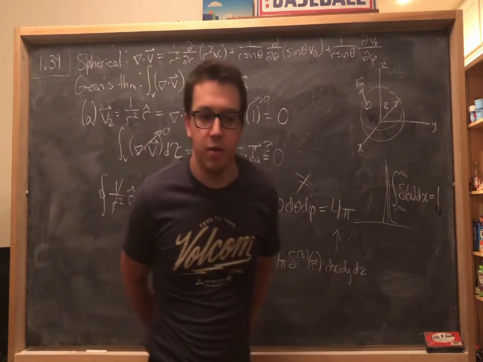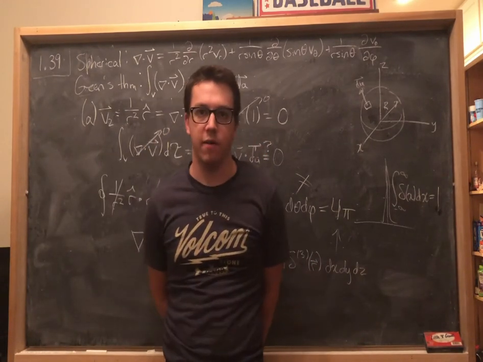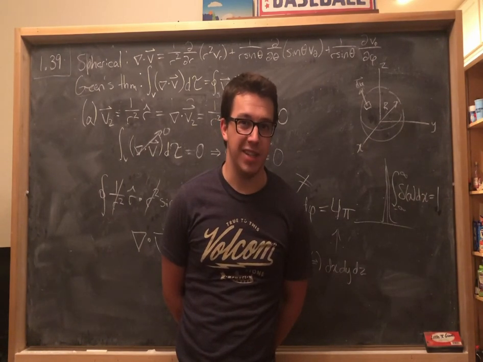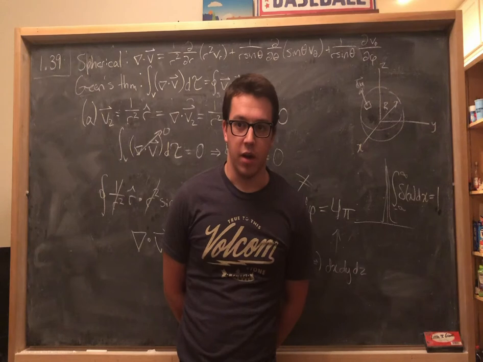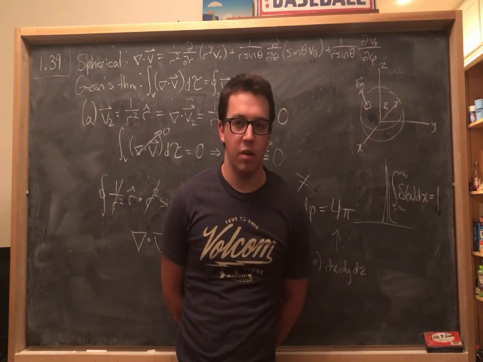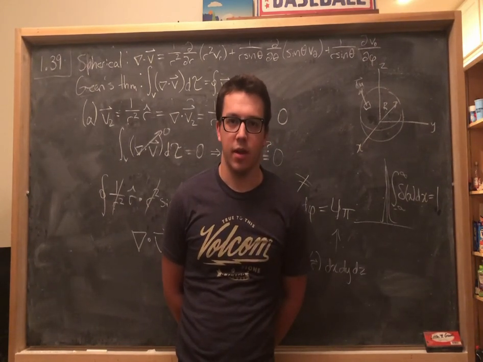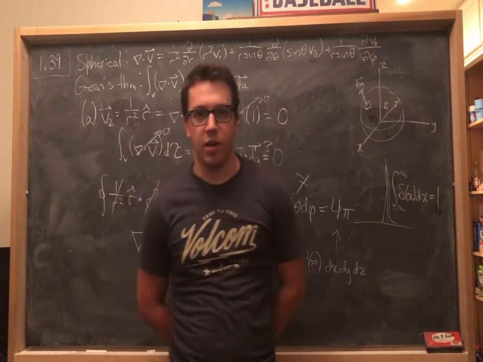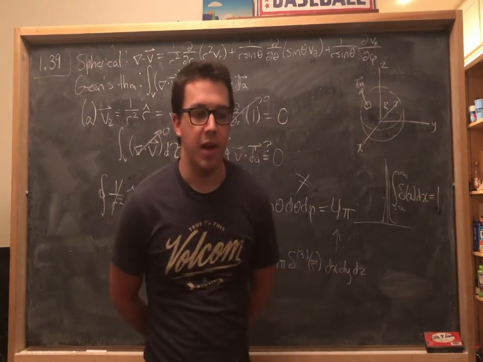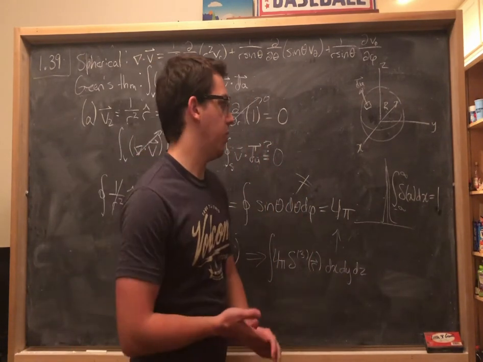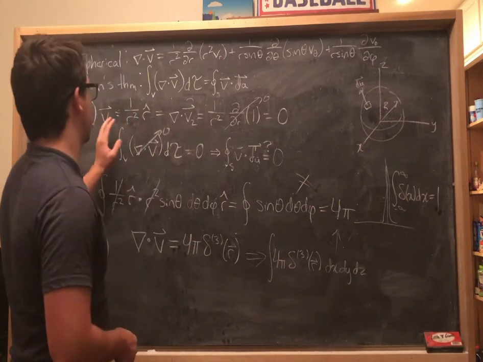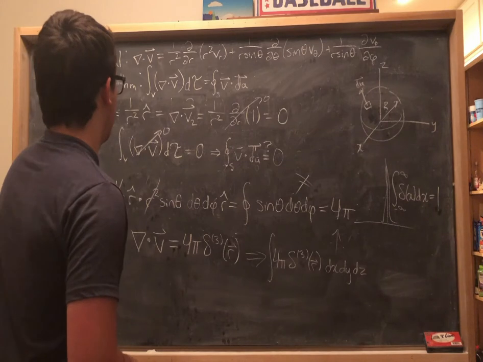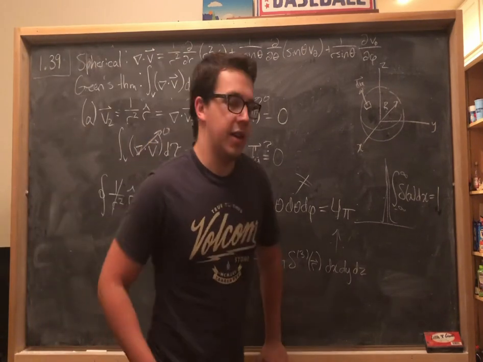There's a problem later in the textbook, which I'll also be doing for a future episode. I believe it is problem 1.63, or 1.64 maybe. I think it's one of those two. And in that problem, we'll revisit this. We'll revisit not this exact problem, but we will compute the divergence for a generalized case of this r to the nth power in the r hat direction, and we'll test Green's theorem.